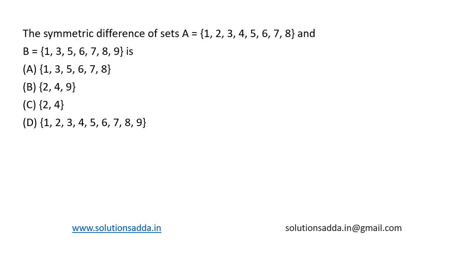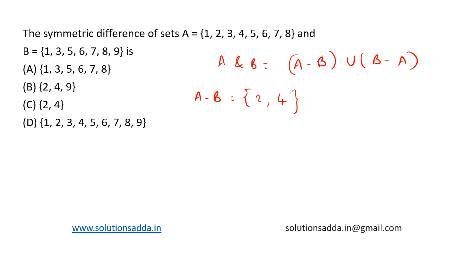Now the symmetric difference between A and B is equal to A minus B union B minus A. First of all, let's calculate A minus B. It means elements that are present only in A and not in B. 1 is present in both, 2 is present only in A. So we add 2 here. 3 is present in both, 4 is present only in A. 5, 6, 7 and 8 are also present in both. So A minus B equals the set 2, 4.